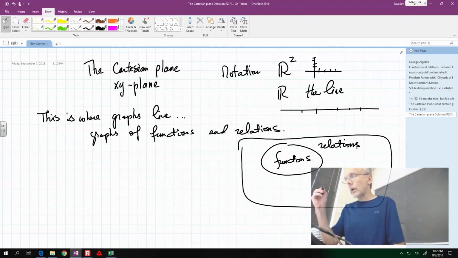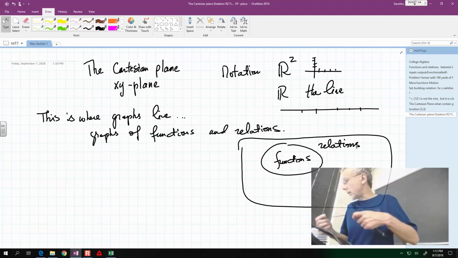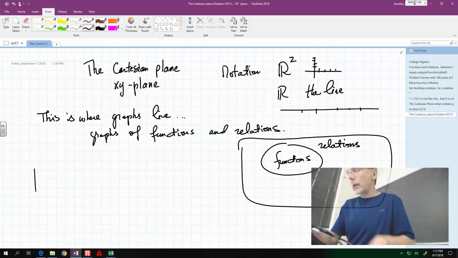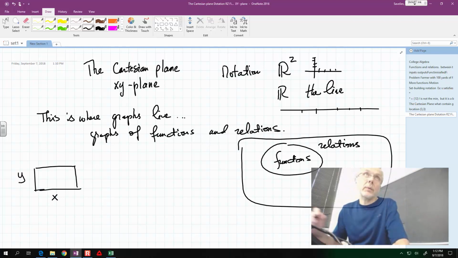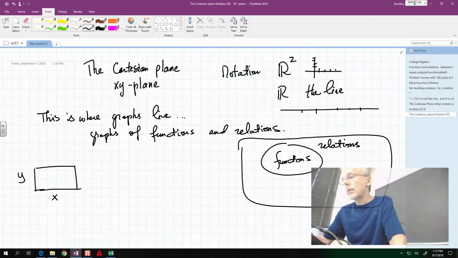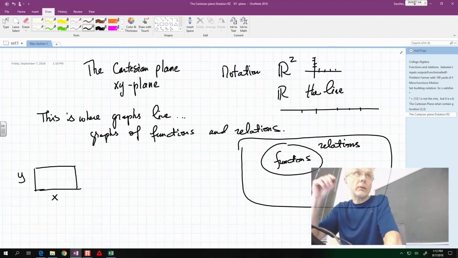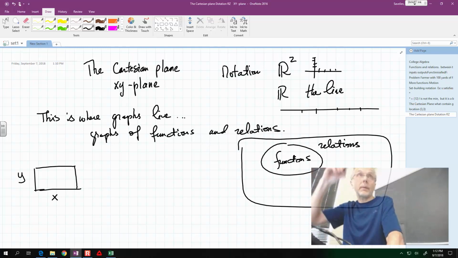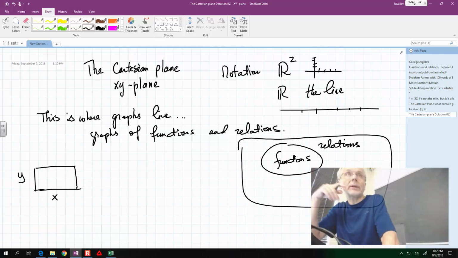One of them we already saw, and that was the problem about the farmer, I keep coming back to that. He was building an enclosure, and let's change notation for our convenience here. X and Y are the dimensions of his enclosure, and then there was a relation between them, literally a relation, because the length of the perimeter, or the amount of fencing material that he had, was fixed at 100.